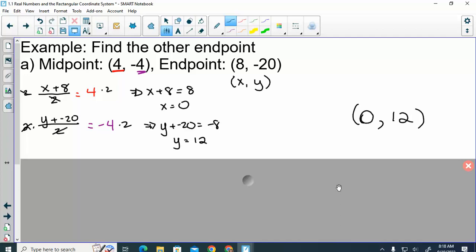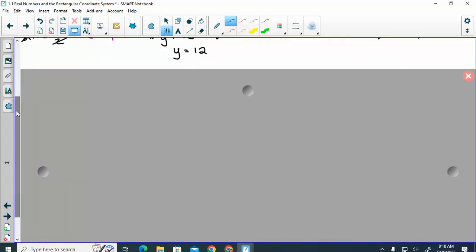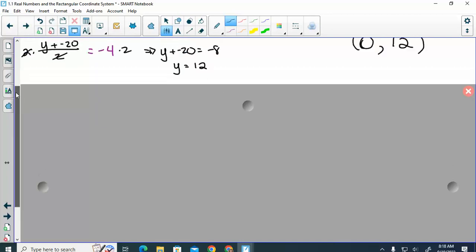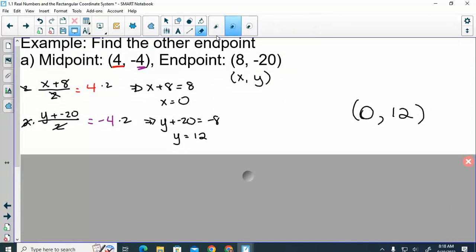Alright, so that's the algebraic way. Do you guys all understand how I got that one? So then, the other option, I'm just going to erase this and show you the other way.